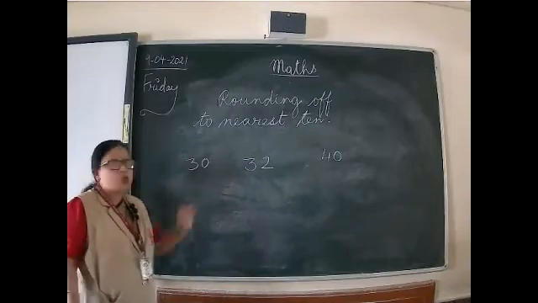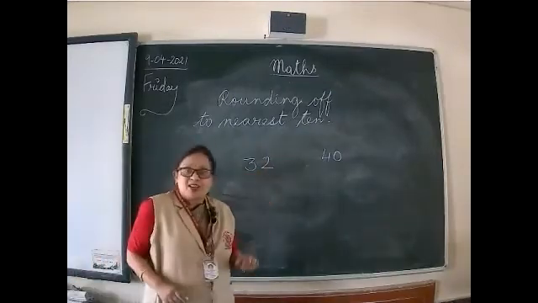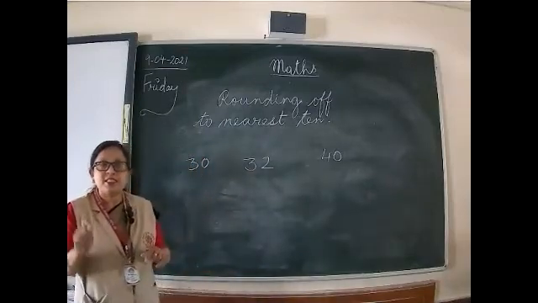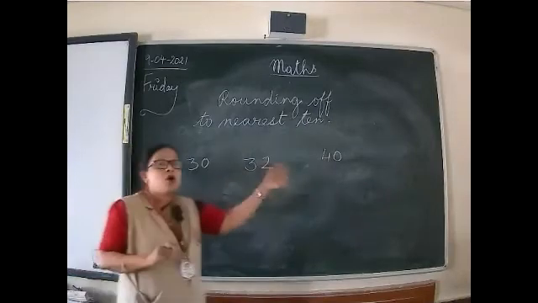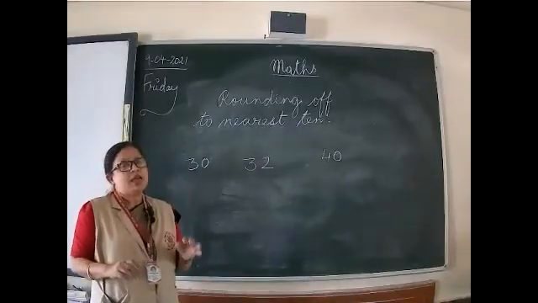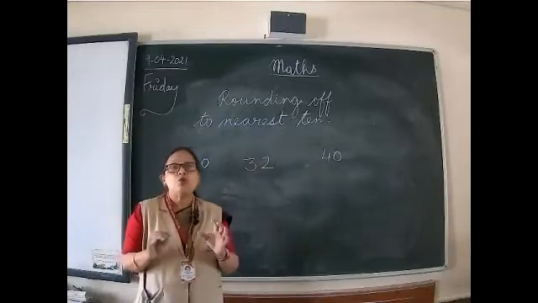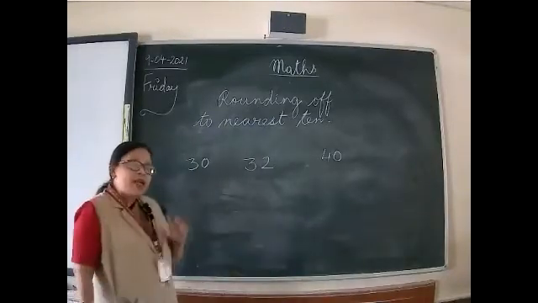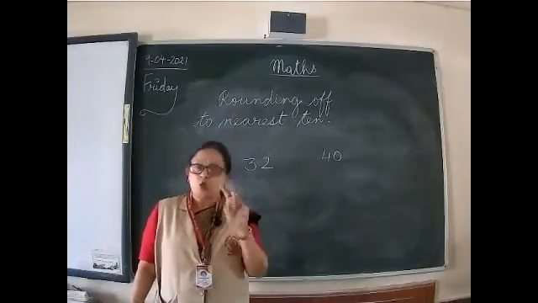Now 32 is nearer to 30 or 40. This we have to decide, and this is known as rounding off to nearest 10. So which tens is nearer to 32? 30 or 40? There is a trick to solve this, and I will explain it to you. If you listen carefully, you will love to round off the numbers. Just like in odd and even we made 2 groups, here also we will make 2 groups.